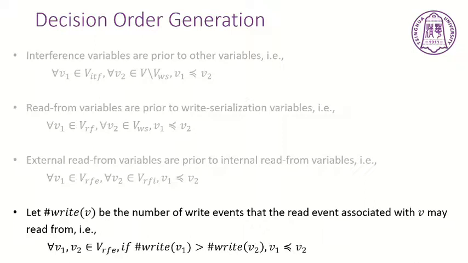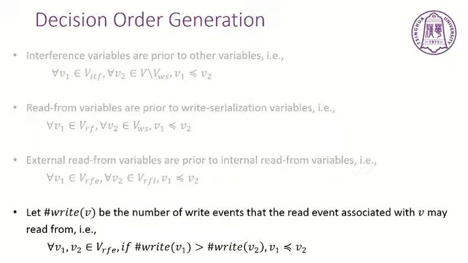And finally, thread interference causes the value obtained by a read event to possibly come from many write events. The more writes to a shared variable, the greater the impact of the thread interference on this variable. So for a read-from variable v, we use write(v) to denote the number of write events that the read event may read from.